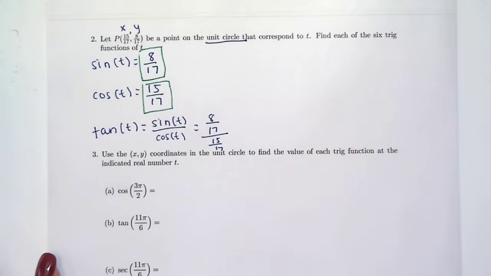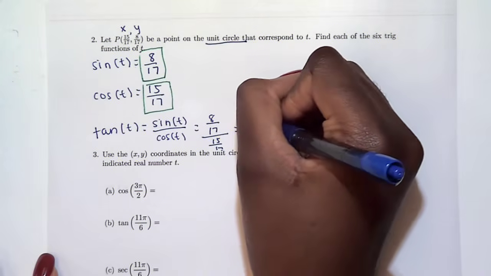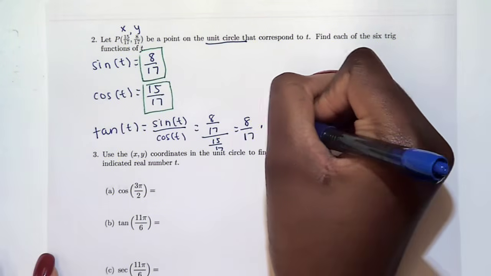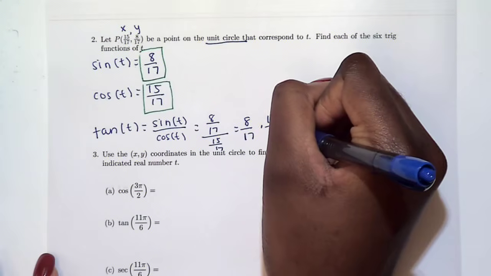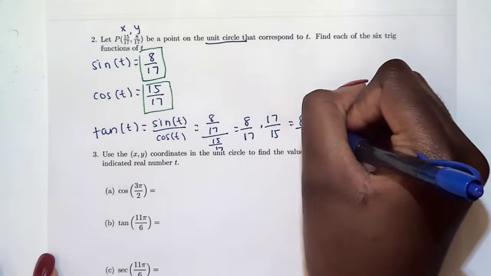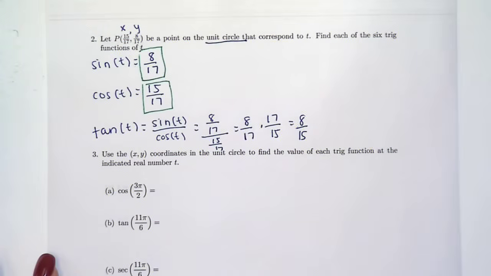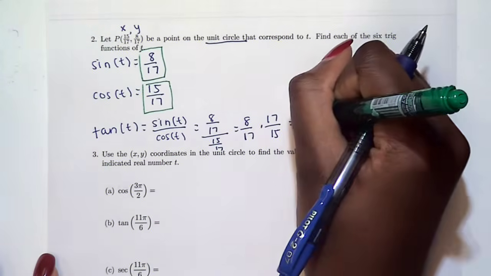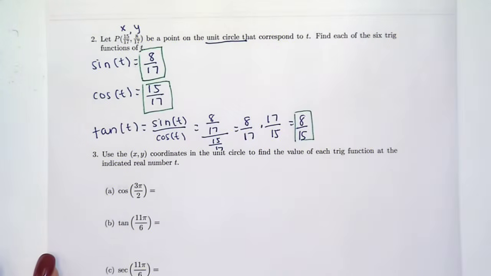So again, instead of dividing by a fraction, we want to multiply by its reciprocal. We see that the 17s cancel. 8 over 15 is our tangent.